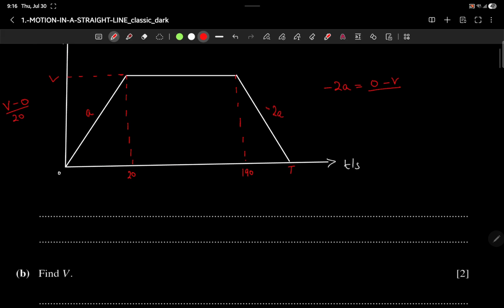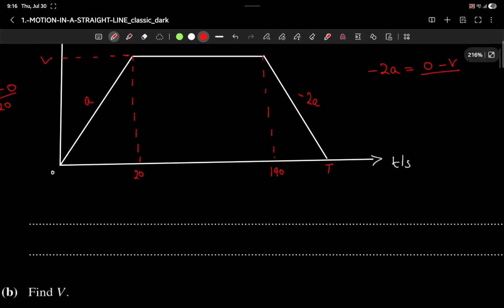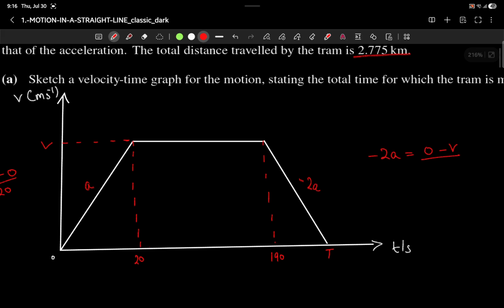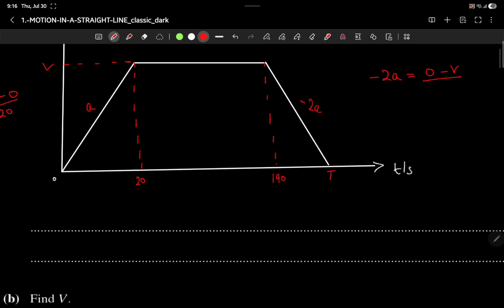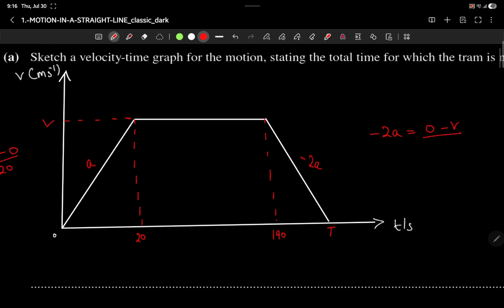Here's the thing we need to take notice of: constant acceleration is inversely proportional to the time taken. If it takes 20 seconds to accelerate, that means to decelerate, if the acceleration is doubled, the time taken to decelerate will actually be halved.